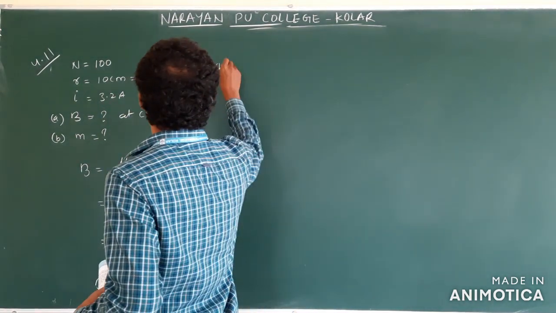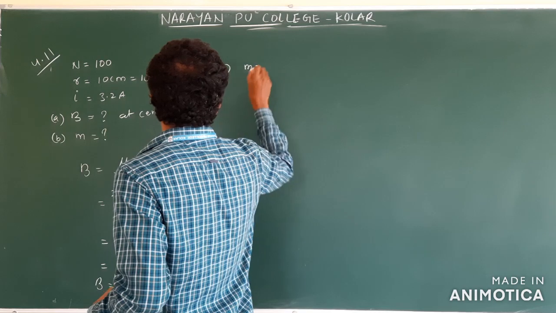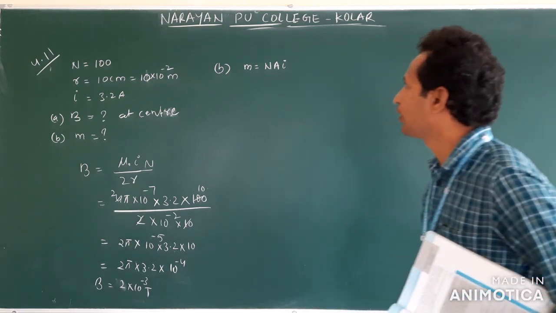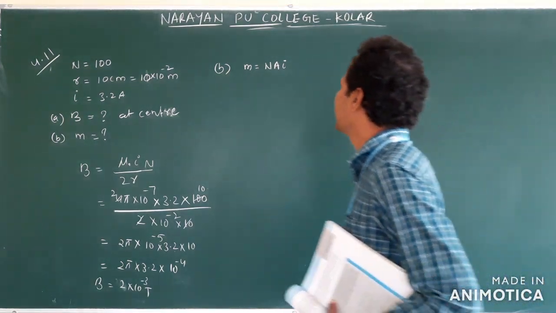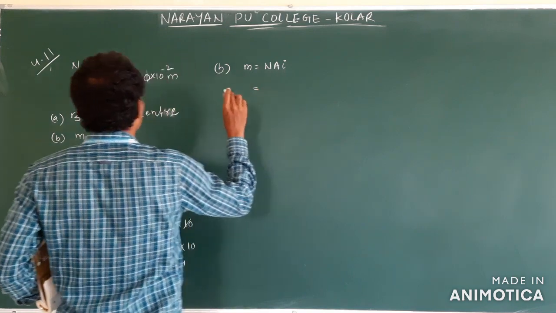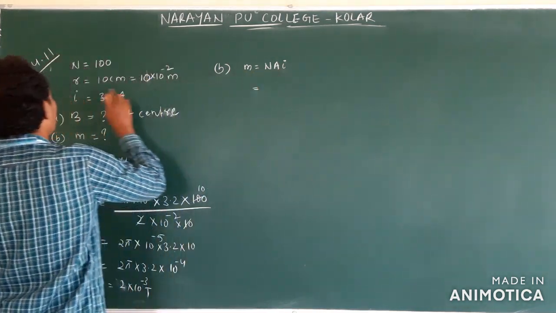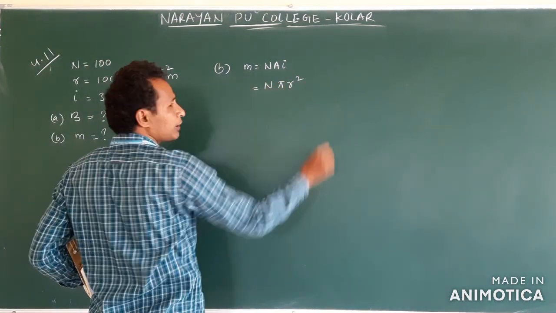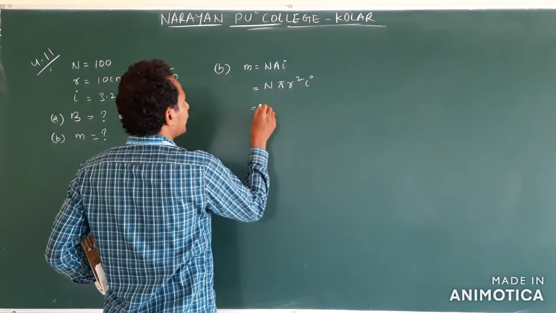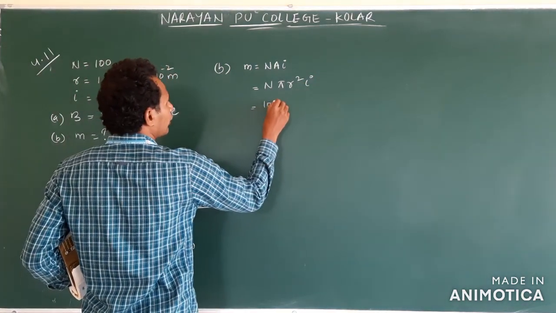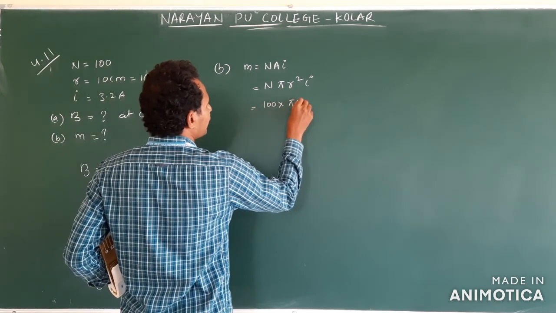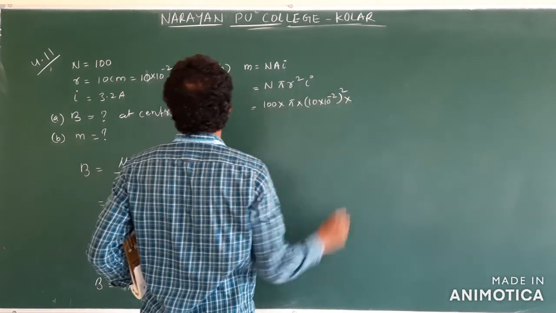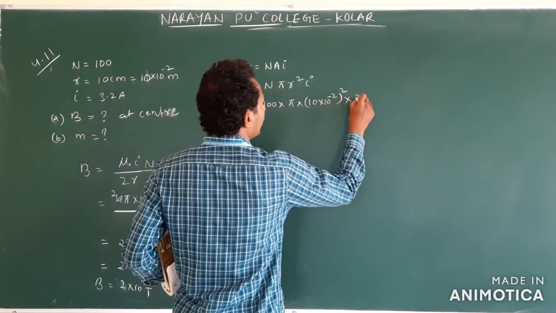Next, the second question. Magnetic moment formula. What is that? In the last class we have seen N, A, I. N is the number of turns, A is the area, I is the current. Which shape is given? Circular shape. So the number of turns is as it is, the area of the circle is pi r square, into I. Number of turns is 100, pi as it is, R value is 10 into 10 power minus 2, whole square, into the current 3.2.